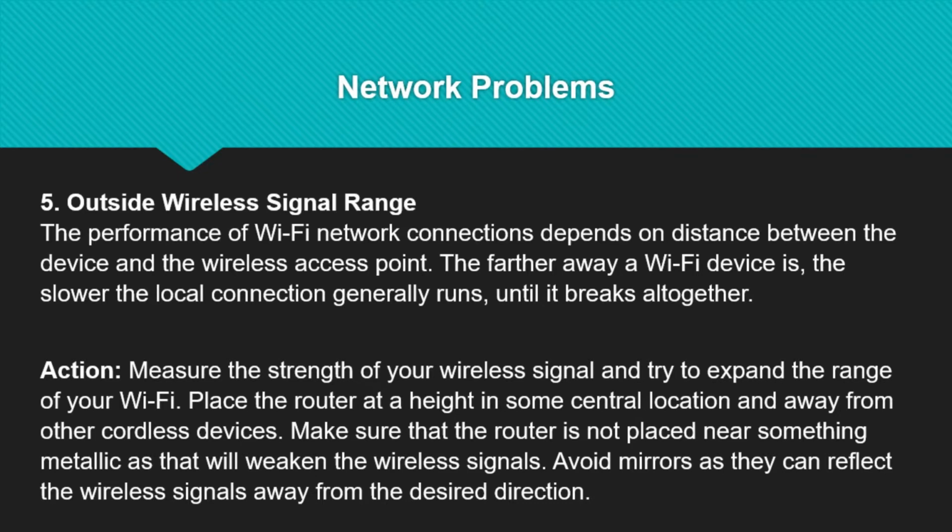Place the router at a height in some central location away from other cordless devices. Make sure that the router is not placed near something metallic as it will weaken the wireless signals. Also avoid mirrors because they can reflect the wireless signals away from the desired direction.